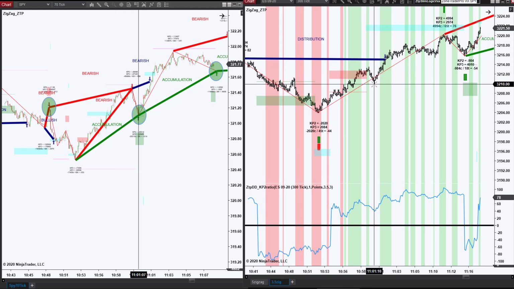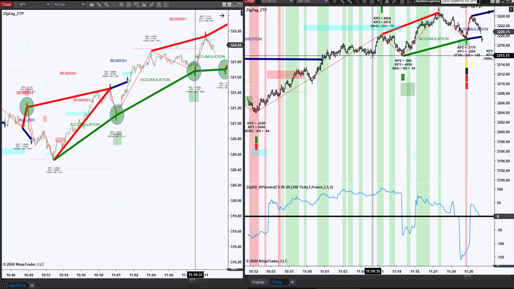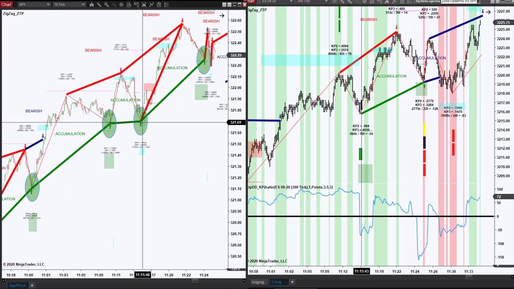We have a little pullback, and we have our accumulation signal. Our next accumulation signal is here. Our next accumulation signal is here after a small pullback, and that trade was good for almost 9 points.